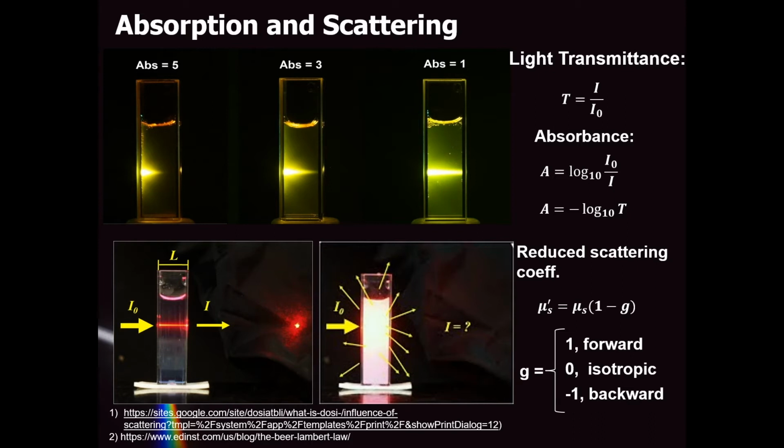It will redirect light in any direction, as you can see in this figure. The input light is redirected to many different directions because there are some scatterers, some particles inside this medium.